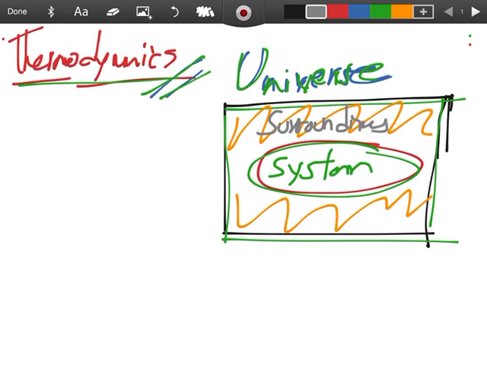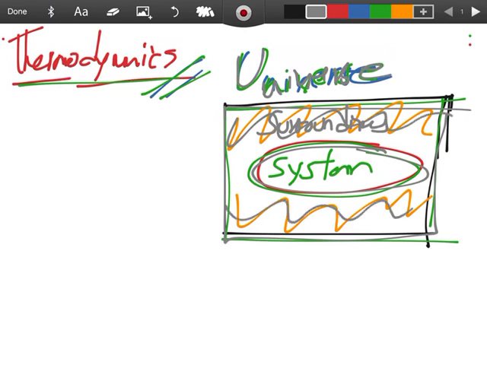And this is the model that we're going to use: a fraction of the universe that I want to study, which is going to be called system, and it's going to be in interaction with the surroundings. Okay? Why? Because heat, the part of thermo in the word, is going to interact through what? Through the system, surroundings, system, surroundings.